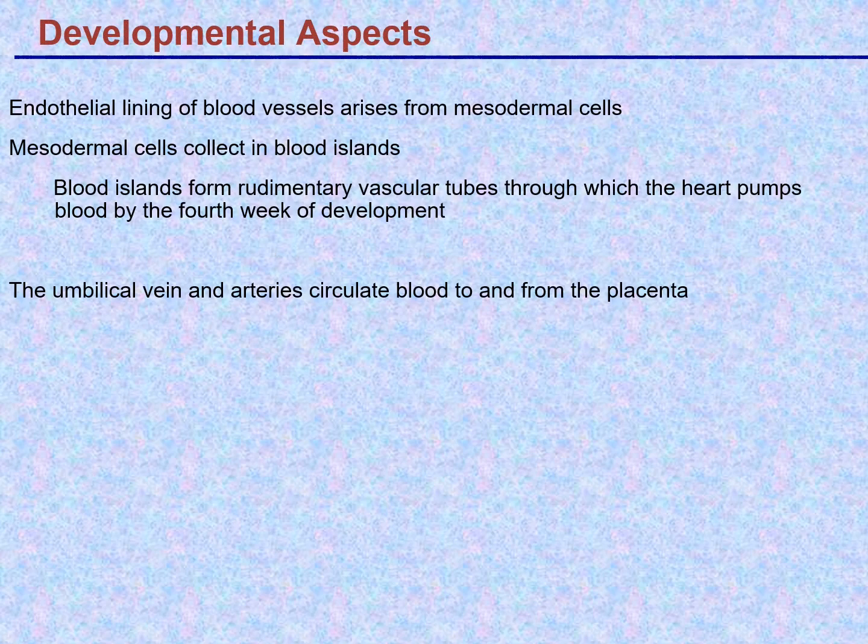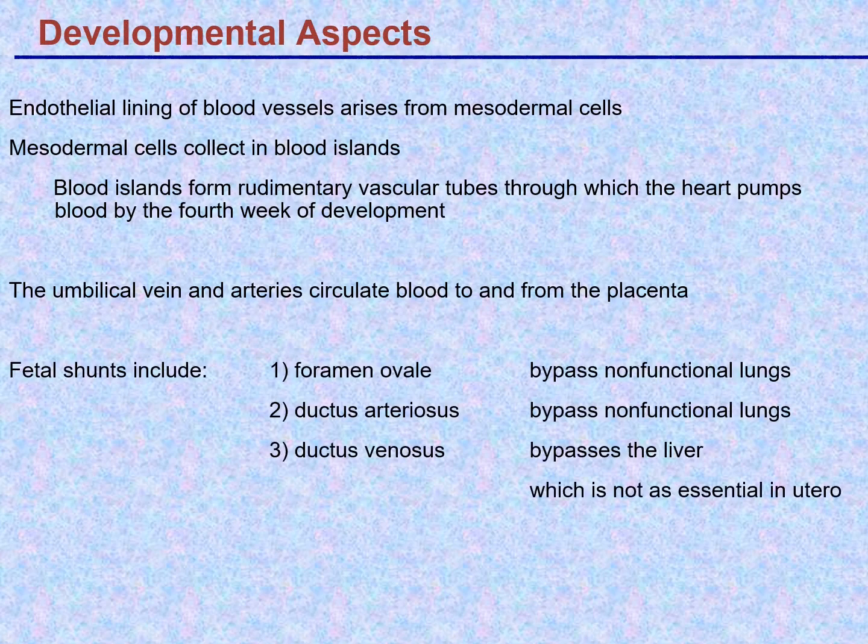There are some unique developmental aspects in terms of the circulatory system, many of which we've spoken about, so I won't go into great detail on them right now, but we do cover them in the lab in a fair amount of detail, and I'll run through it quickly.